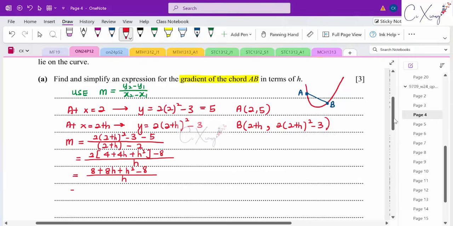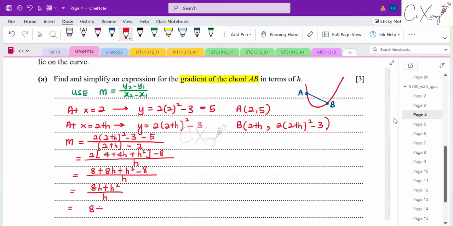Okay, then again, continue to simplify further. You'll be having 8h plus h squared divided by h. And therefore, you can see that there are some common h here, right, where you can simplify them. And eventually, you are having 8 plus h.